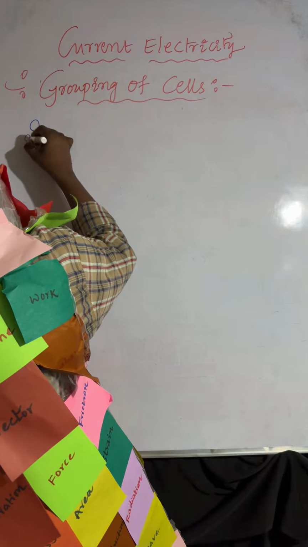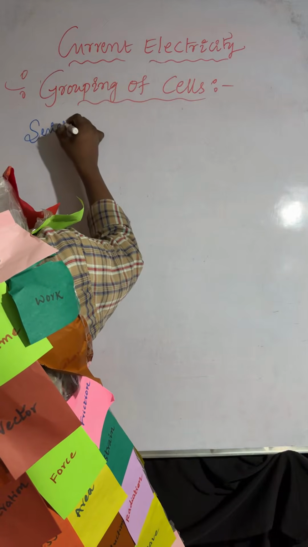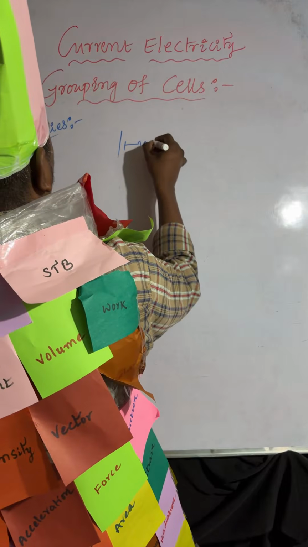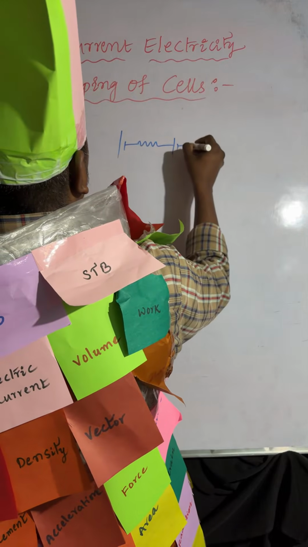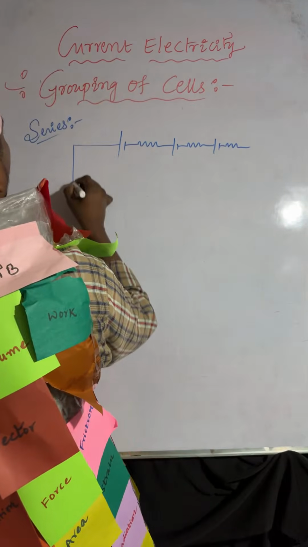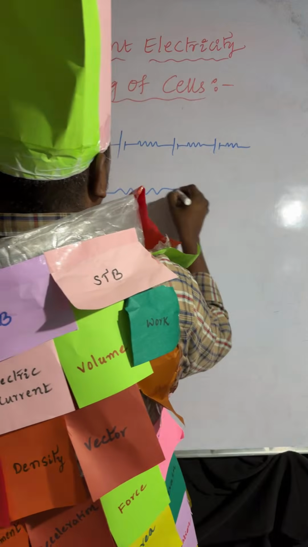In the series combination, cells are connected in series. That is one cell with its internal resistor, another resistor, another resistor, connected to the external resistance.